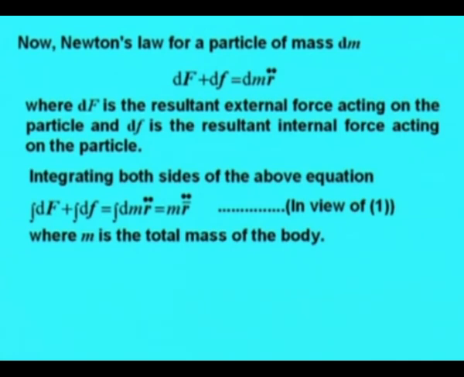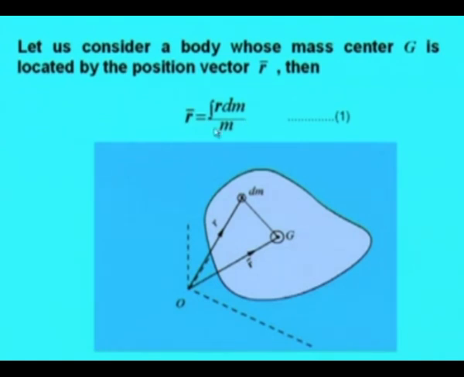Integrating both sides of these equations, we integrate dF, we also integrate df, and here we integrate dm times r double dot. The integral of dm r double dot is equal to m times r bar double dot, because equation 1 says that r bar is equal to the integral of r dm divided by m.